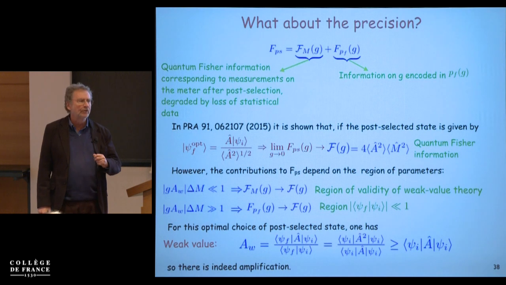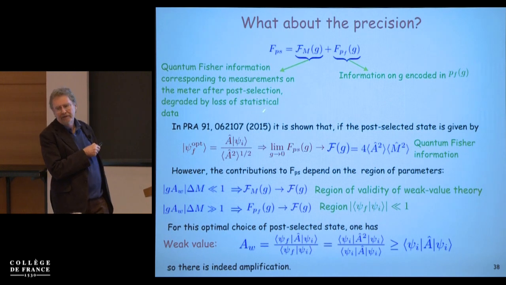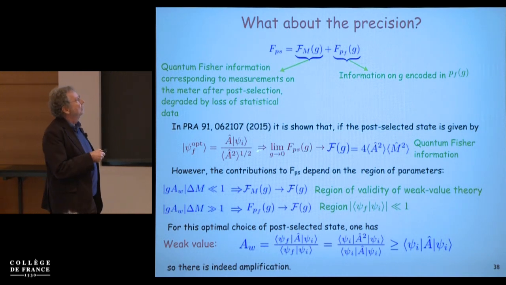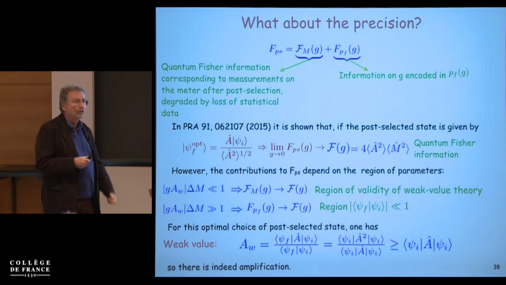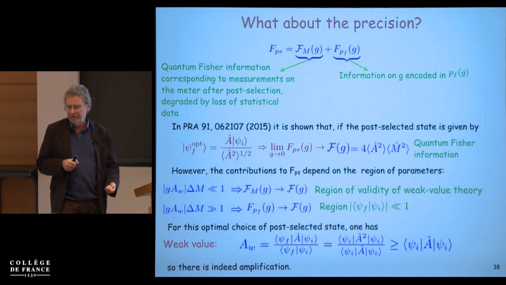It's good news because that means that with sufficiently small G, if you choose the post-selected state correctly, and this has not been done in many experiments realized up to now, then this post-selected Fisher information goes to the quantum Fisher information, which gives you the best precision you can get.